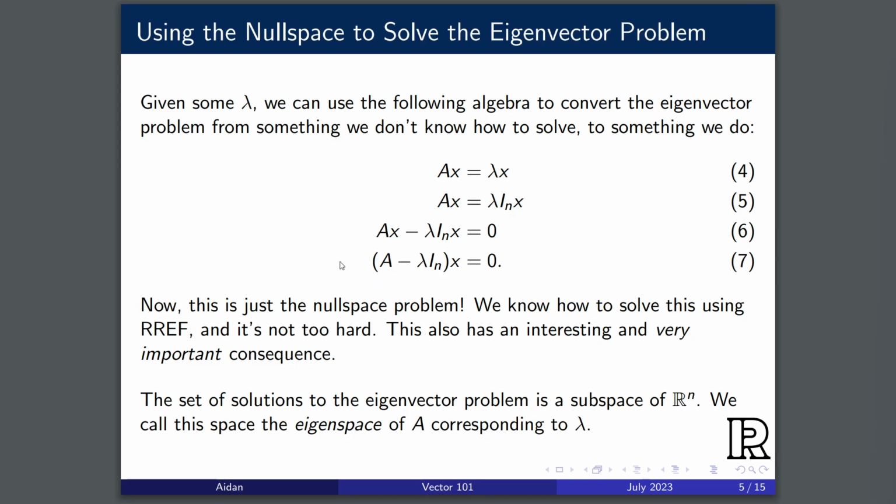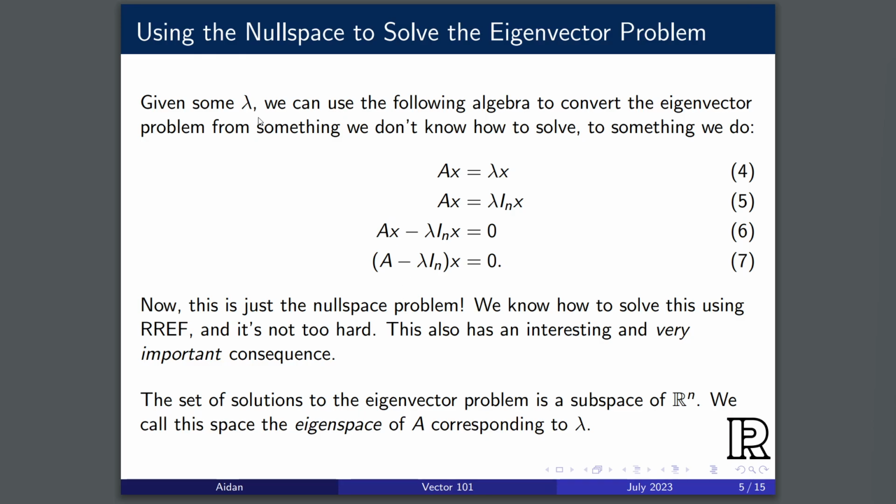And so now we've restated this original eigenvalue problem into this new problem, and this is a null space problem. If you just replace this matrix here with some matrix B, you now have the null space problem Bx equals 0. And I forgot to put an n there, but this is the 0 vector. So we know how to solve these. We talked about solving them the other week.